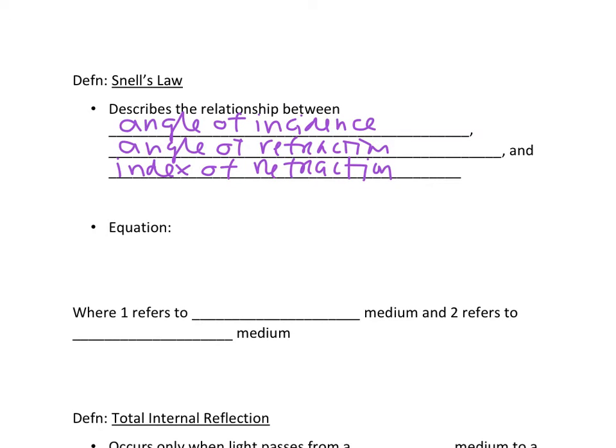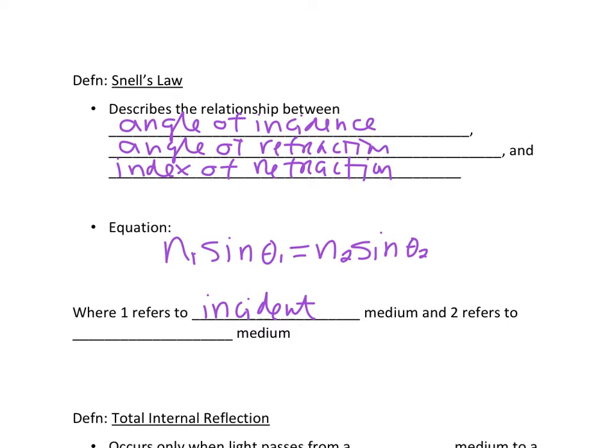The equation's fun: N1 sine theta 1 equals N2 sine theta 2. So 1 refers to the incident medium and 2 refers to the refracted medium. It's a fairly simple equation to use: N1 sine theta 1 equals N2 sine theta 2.